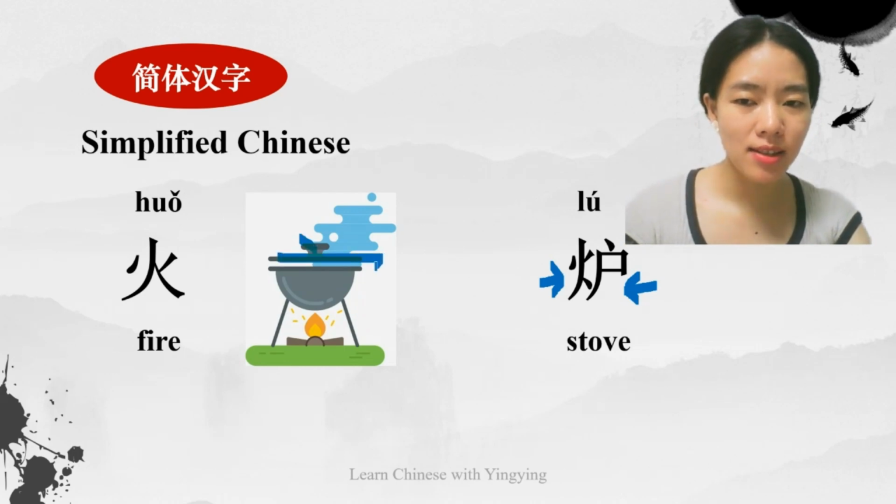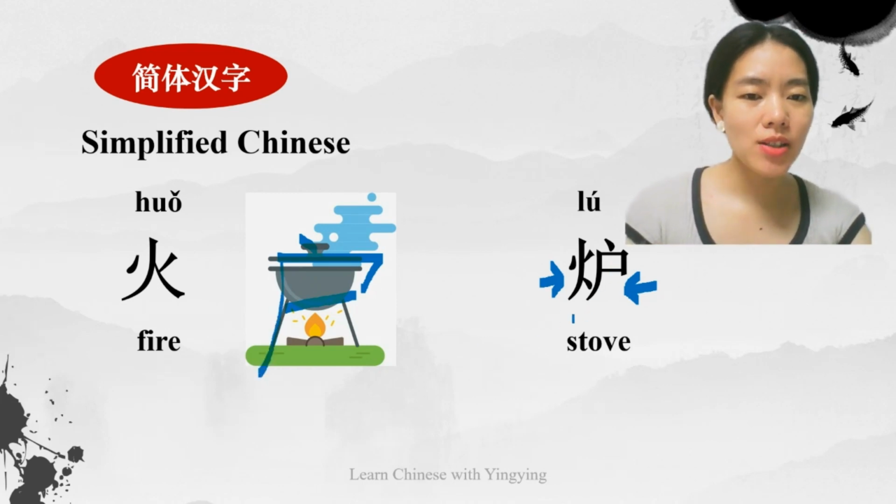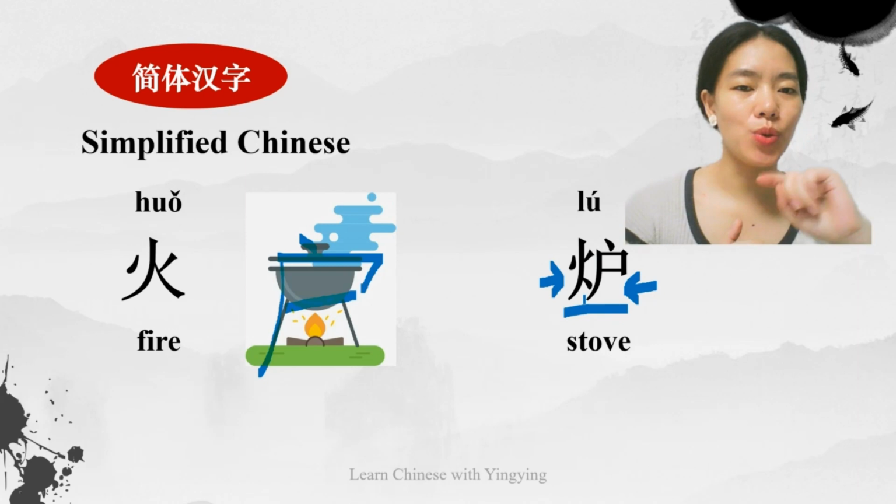So a dot. Do you see here? And this is the shape of a stove. So this word itself means stove. And the pronunciation of it is 炉.